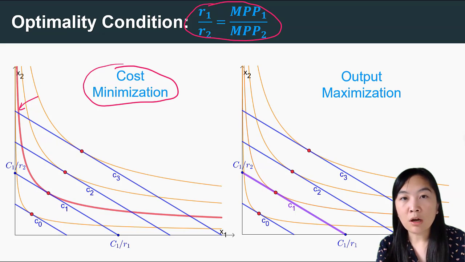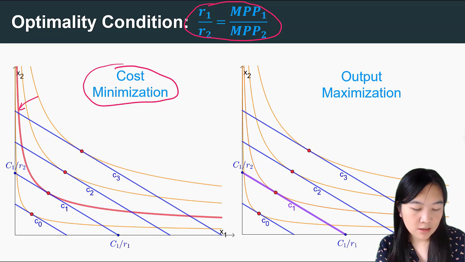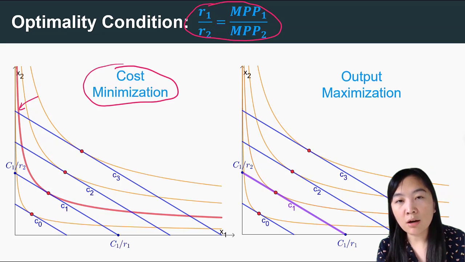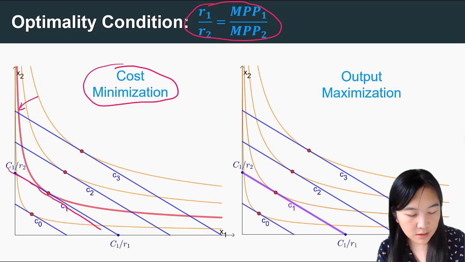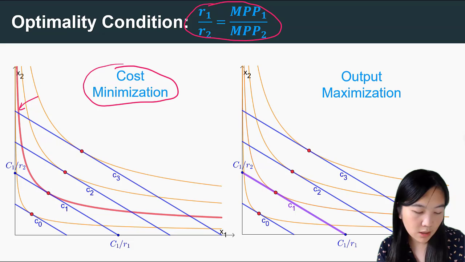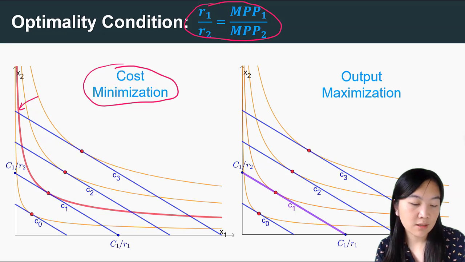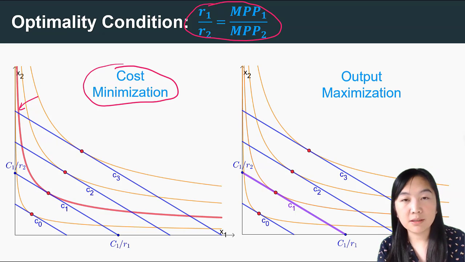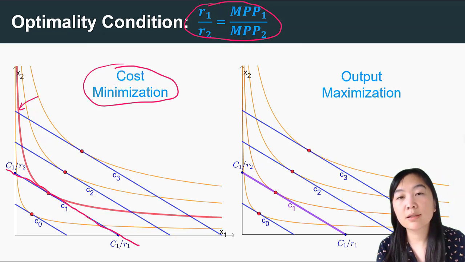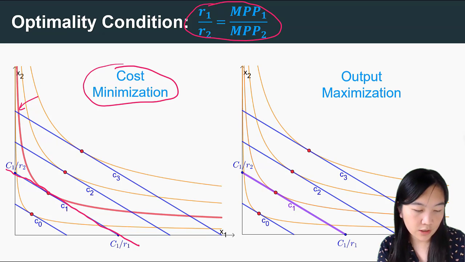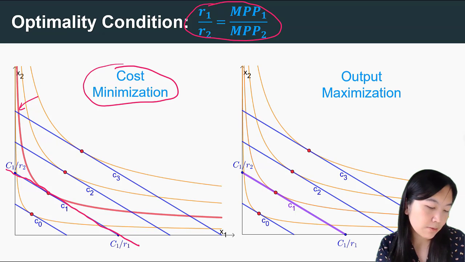Then, in order to solve your cost minimization problem, you have a bunch of isocost lines, and you have to find the isocost line that is tangent to the isoquant associated with your predetermined output level y. So this isocost line will be tangent to the isoquant of that output level.